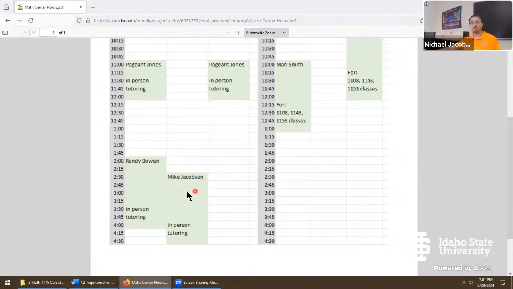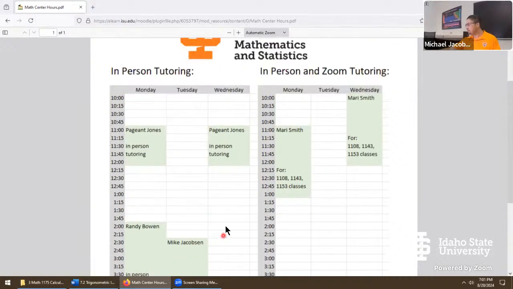Pageant, Randy, and myself would be very happy to take a look at those topics. The way I do tutoring is I'm just in that room from 2:30 to 4:30. You can pop in at any time, even at 4:20, and I'll take a quick question before I leave for the day. There's also Murray Smith, who covers up to statistics, so if you're taking a statistics class, she'd be a great person to see.